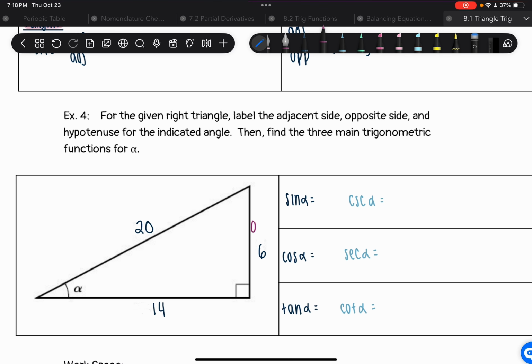So that is my opposite. Adjacent to the angle means on the same side as the angle, which is 14. And then the hypotenuse is always the longest side, in this case, which is 20.